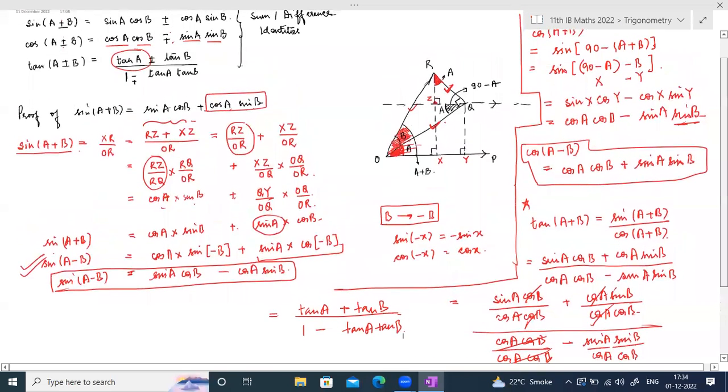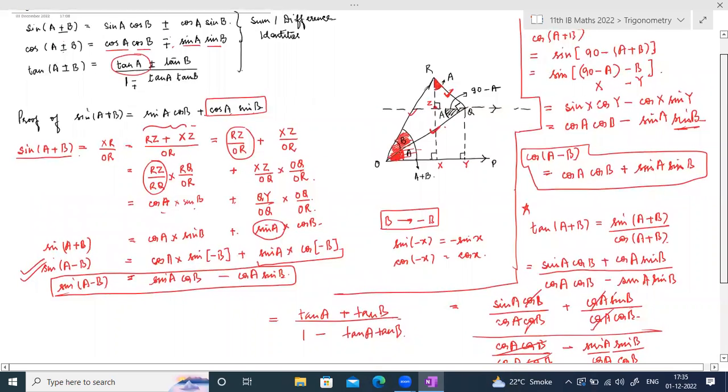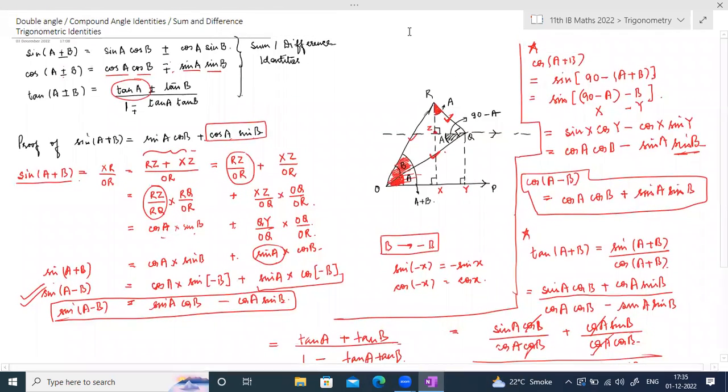And if you replace B by minus B, the sign will get flipped. The numerator will become tan A minus tan B, and the denominator will become 1 plus tan A tan B. So this is a very easy proof of all the compound angle identities.